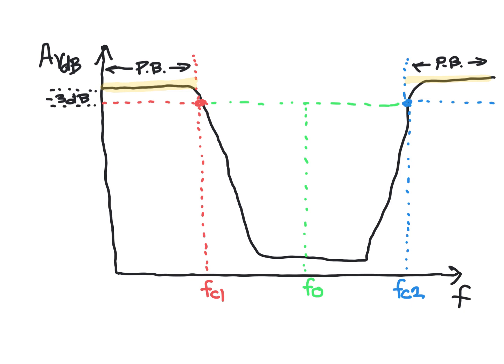And so when you're doing this in the lab, then the instructions will have you starting off somewhere here, and then you're going to move over like this, and you're going to see the voltage drop, and so as always, when it reaches FC1, VO equals, it's reduced by 70% of whatever the voltage here is in the passband.